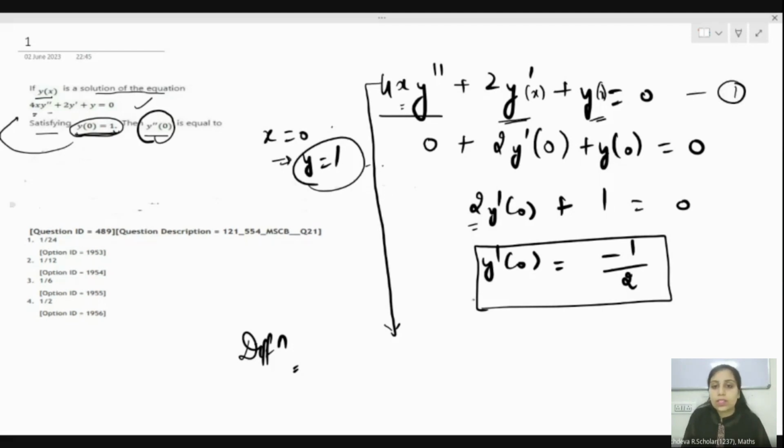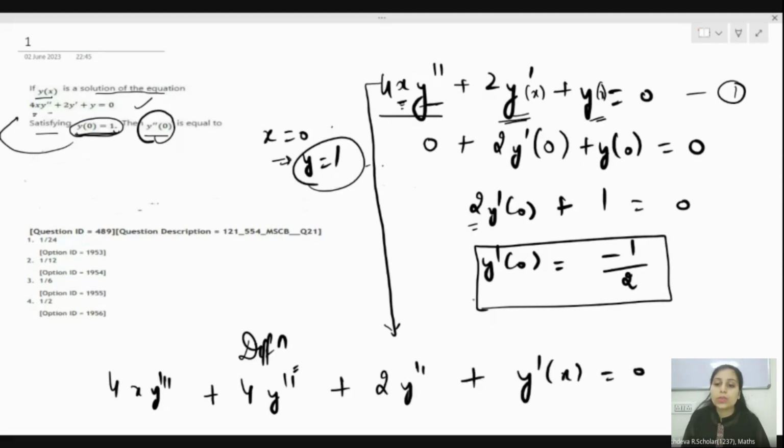Here, this is also a function of x, this is also a function of x. So by using the UV rule, 4xy''' + 4, the derivative of x being 1, so y'', plus 2, the derivative of y' is y'', plus y' = 0.